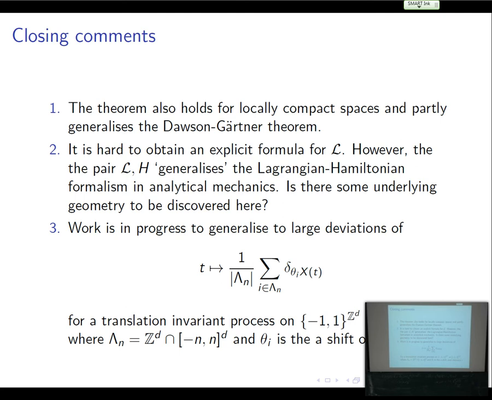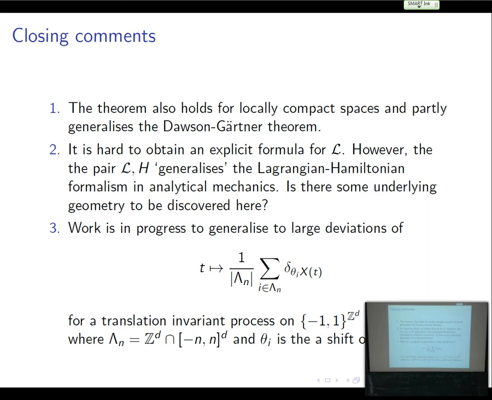So those are the closing comments, relatively fast. The first thing I want to mention: I proved the theorem for compact spaces. But you can generalize this to locally compact spaces, because this boils down to one-point compactification, and you can argue via that. And it partly generalizes the Dawson and Gaertner theorem.